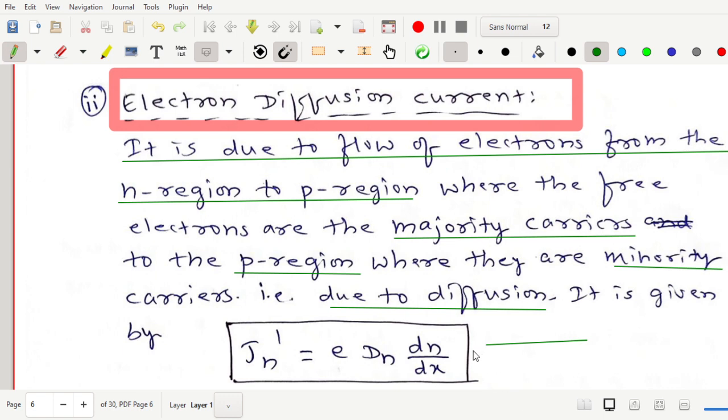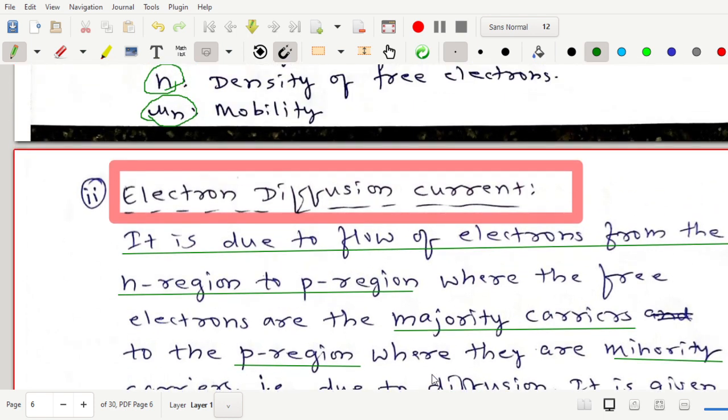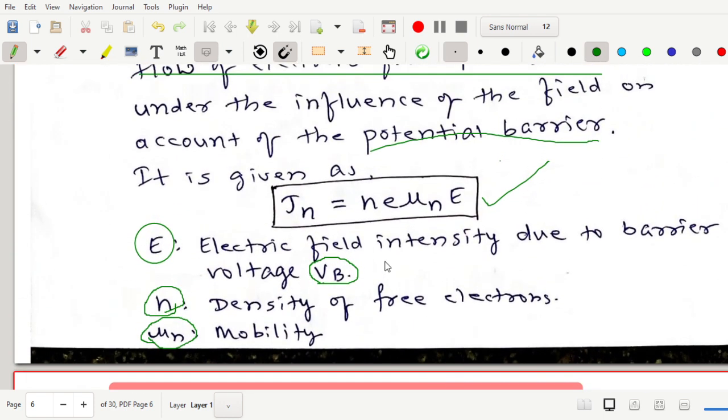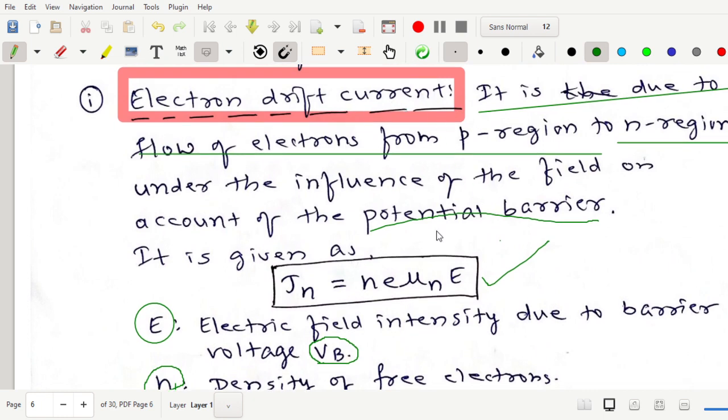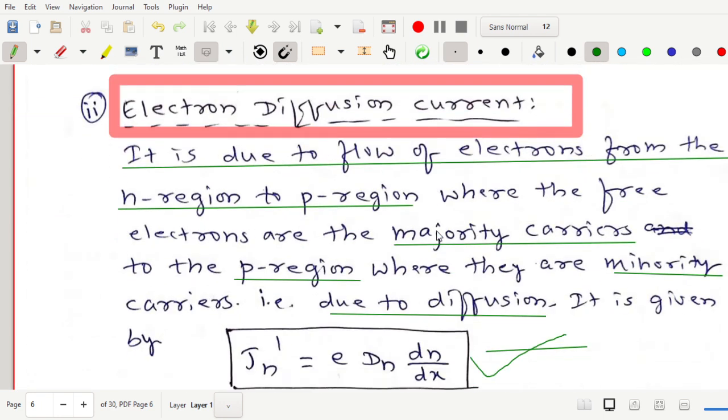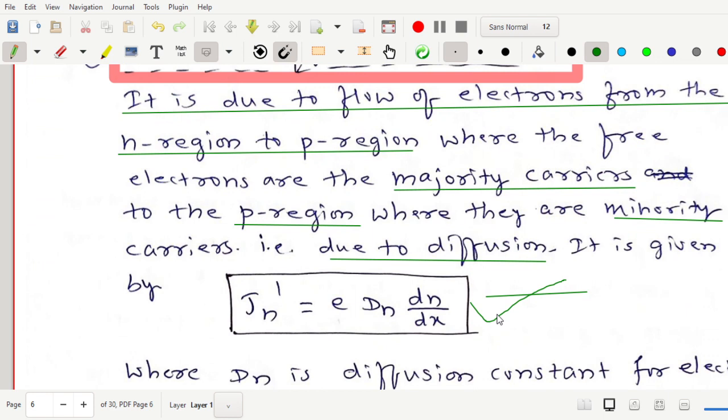One is the expression for electron diffusion current, that is Jn dash is equal to e Dn dn by dx, and the other expression is Jn is equal to n e mu n E. So this is the expression for electron drift current and this is the expression for electron diffusion current.